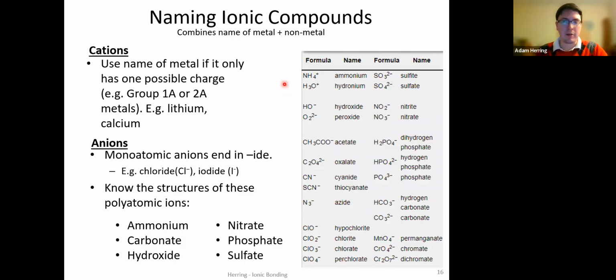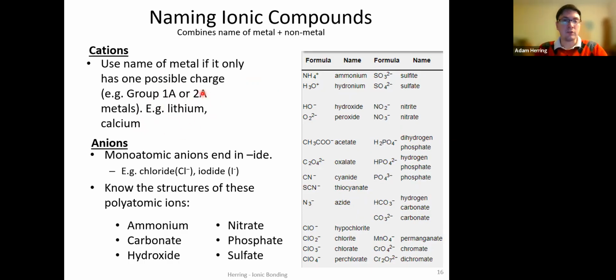The last thing to talk about here is about naming ionic compounds. The name of any ionic compound is obtained by combining the name of the metal with the nonmetal. For the metal, the cations, we will focus mainly on the group 1A, 2A metals, and aluminum.